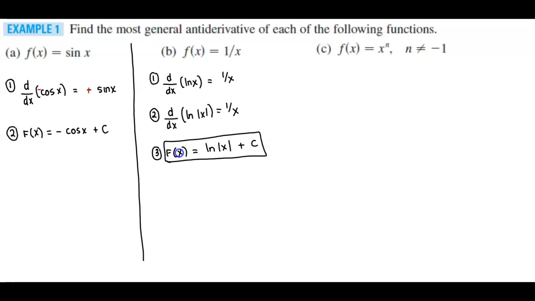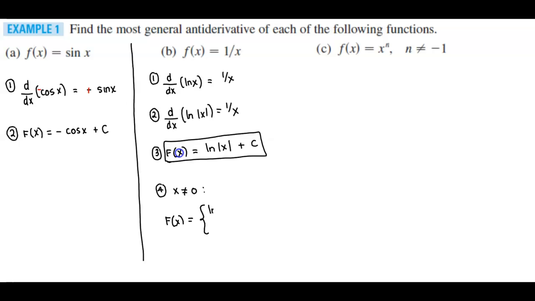Okay, so this is the result, but I do want to talk about the general antiderivative, because of the fact that x cannot equal 0. Then we would say that f of x is going to equal the following.